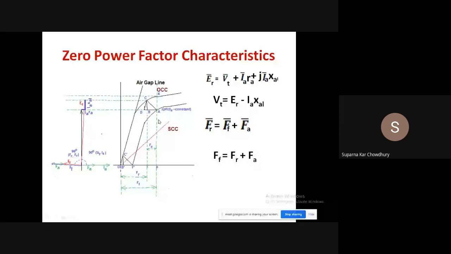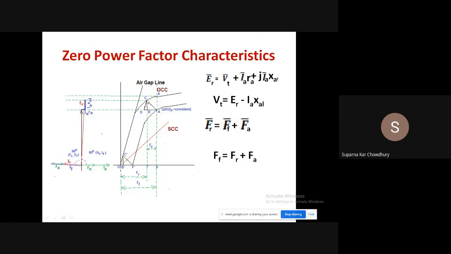So now, as I told you, the zero power factor characteristic should look like this. Why is it so? You can see that it is the same form as the OCC, only shifted downwards and to the right. Now, what happens if we consider this triangle ABC? This is called the Potier triangle. Here AB is the armature reaction MMF FA, which is constant because IA is constant, and BC is the IA XAL drop.